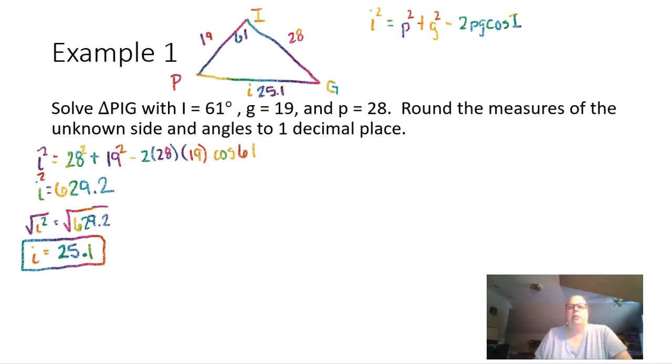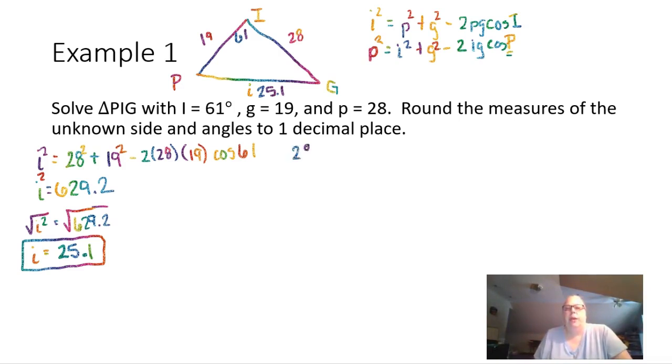All right, and since I'm going to find angle P, I'm going to use the formula that P squared is equal to I squared plus G squared minus 2 times I times G times the cosine of angle P. And that's going to be what we're looking for right there. Okay, let's set this up.